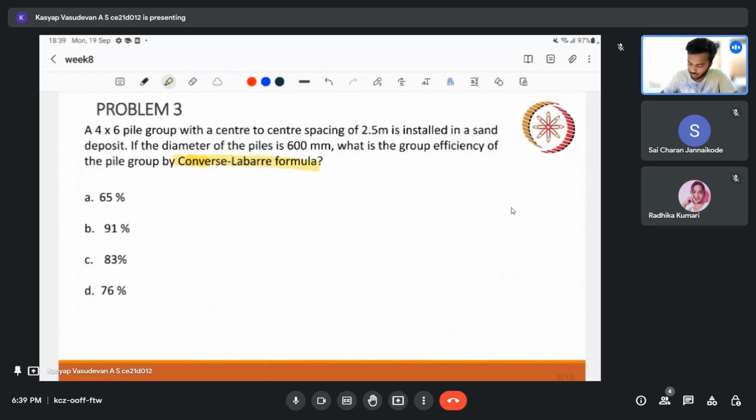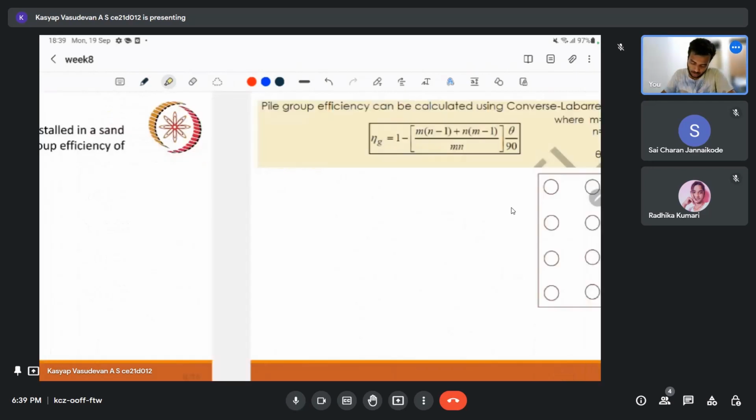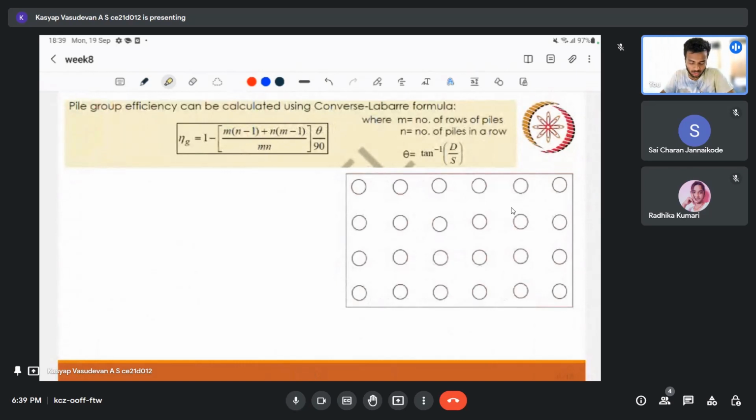So we have a 4 into 6 pile group, 2.5 meter spacing, and the diameter of the pile is 600 mm. We have to find the pile group efficiency. This is the formula that we were talking about, the Converse-Labarre formula. Here we are given n and m, the number of rows of piles and the number of piles in a row.